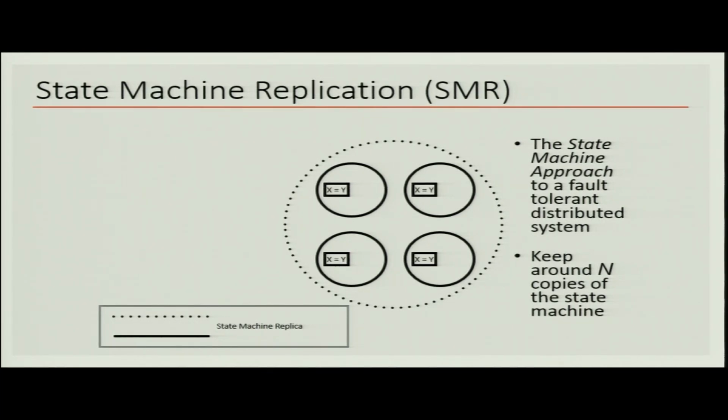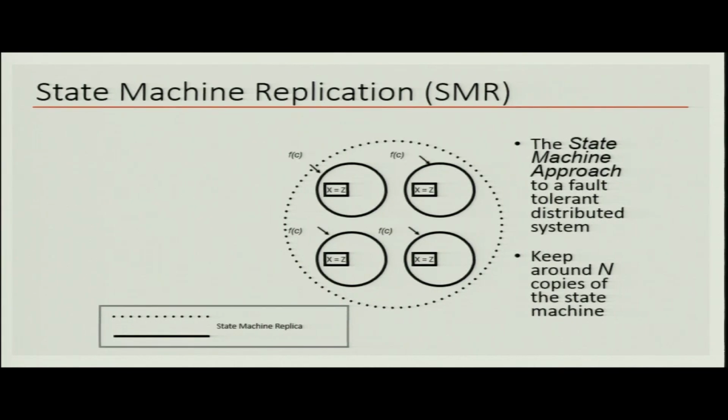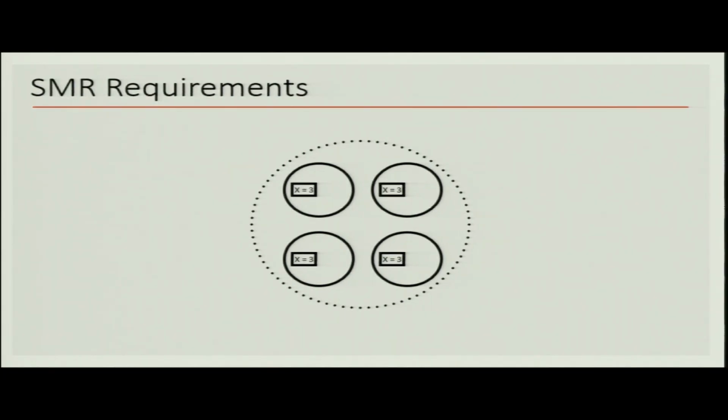So, let us say I have 4 copies. Now, let us say I send a command. So, it goes to all of them as a state change activity, and the state of all of them will change.